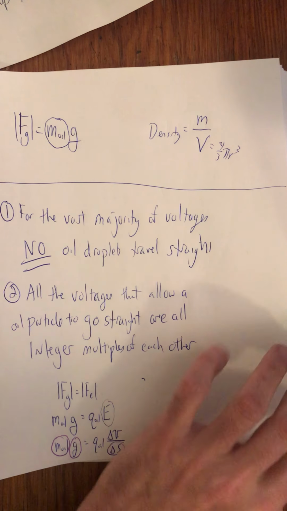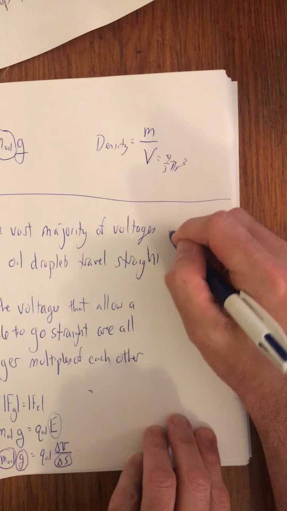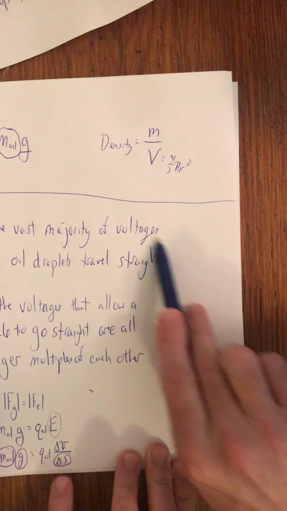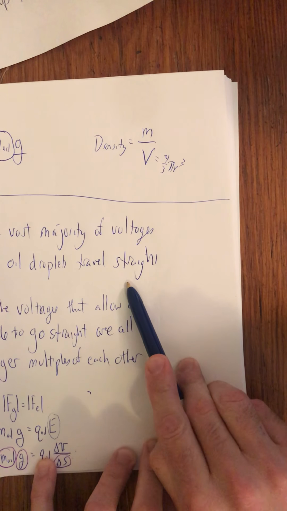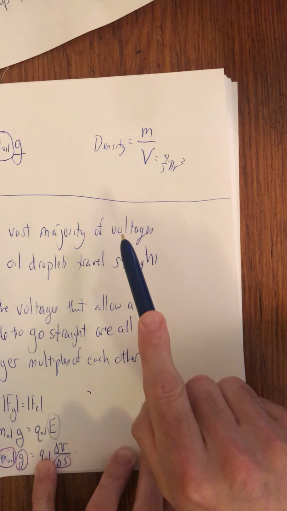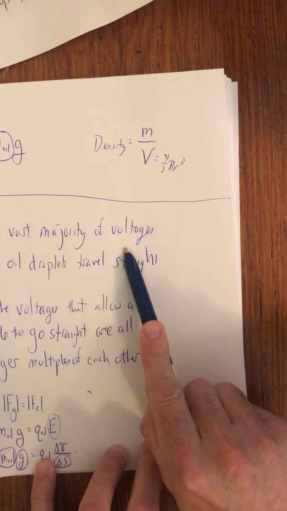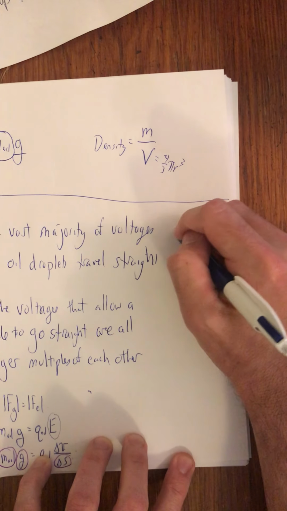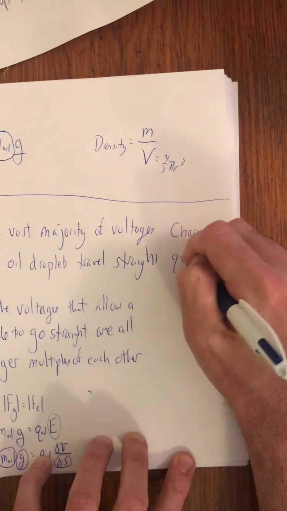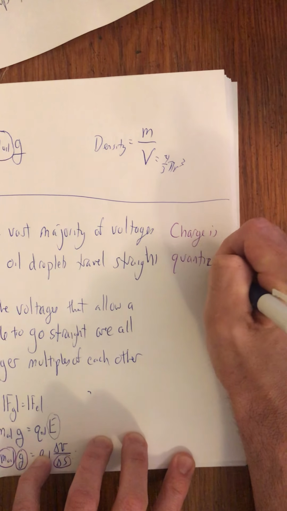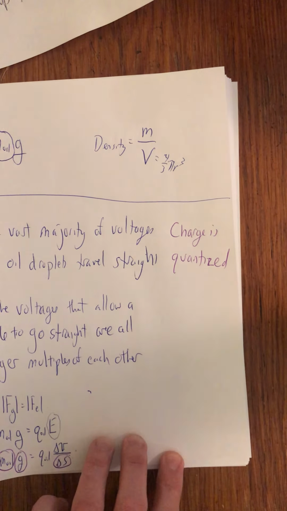That familiar? Hopefully it is. Another way of saying that only certain voltages worked is that the voltages that allowed the particles to go straight were quantized. This proved that charge is quantized, only occurs in specific amounts.